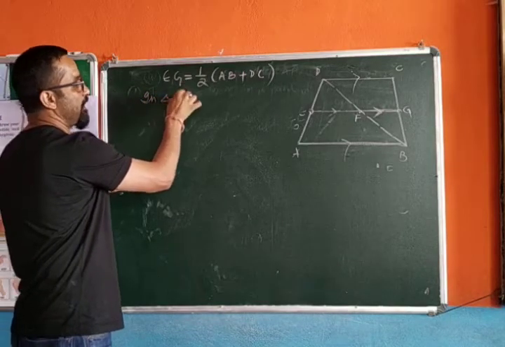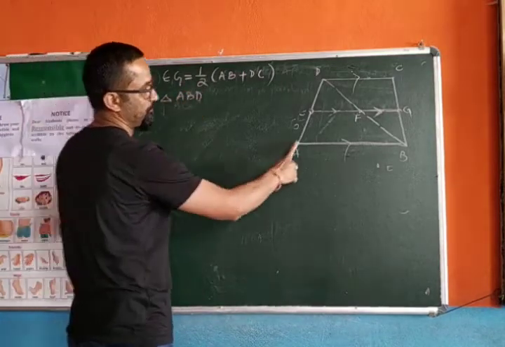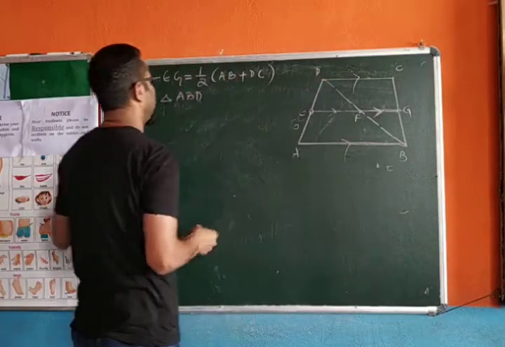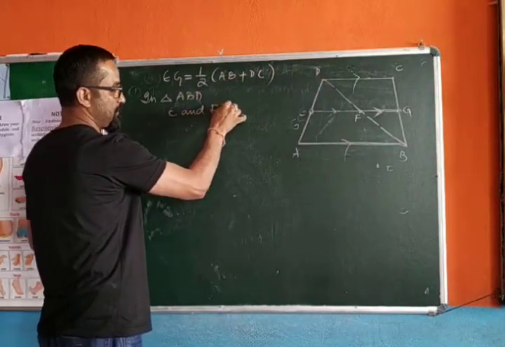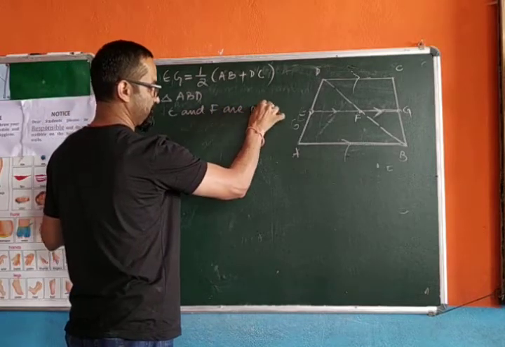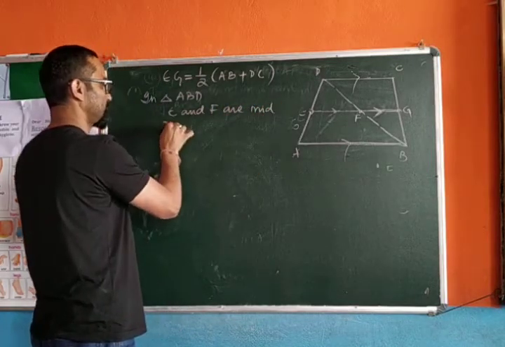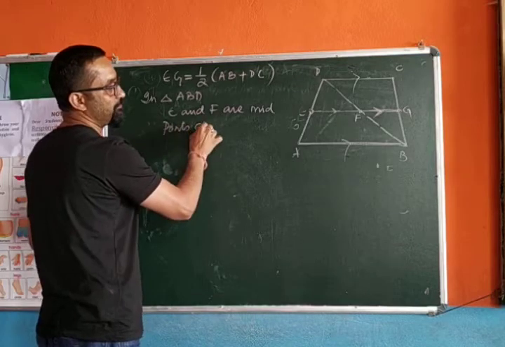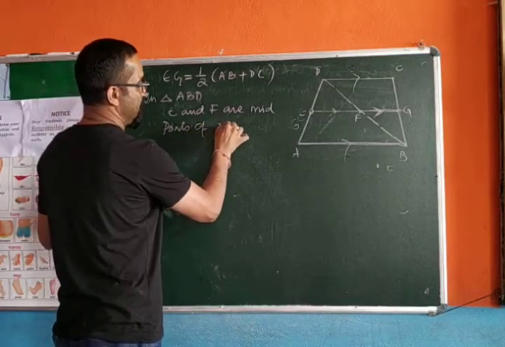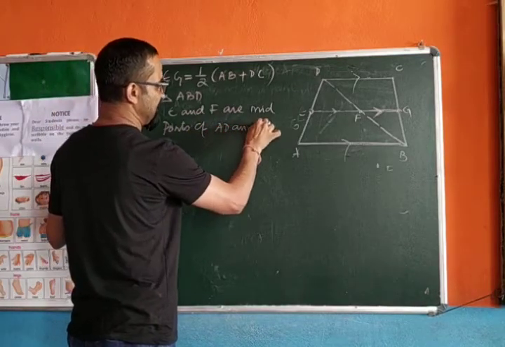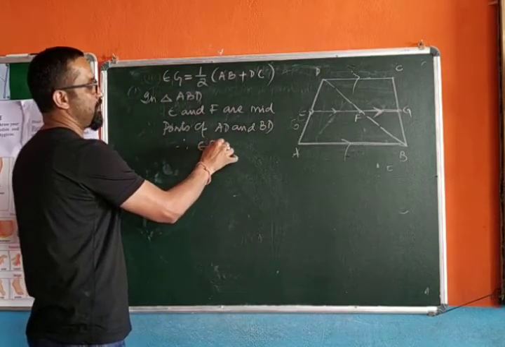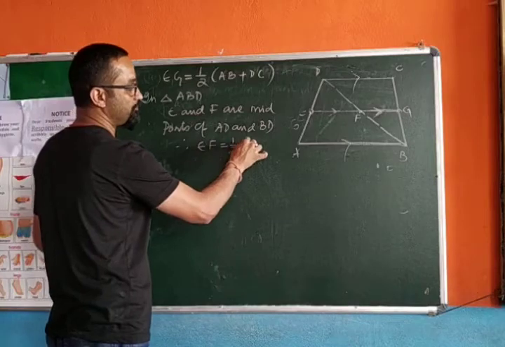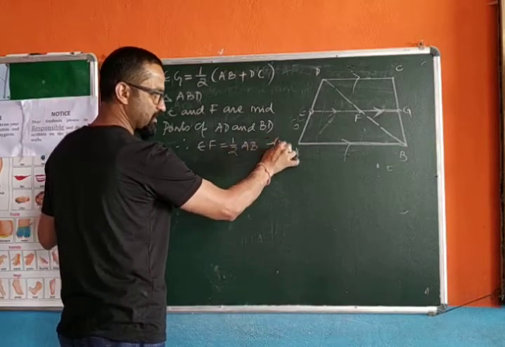In triangle ABD, E and F are midpoints of AD and BD. Therefore, EF is equal to half of AB. Take it as number 1.